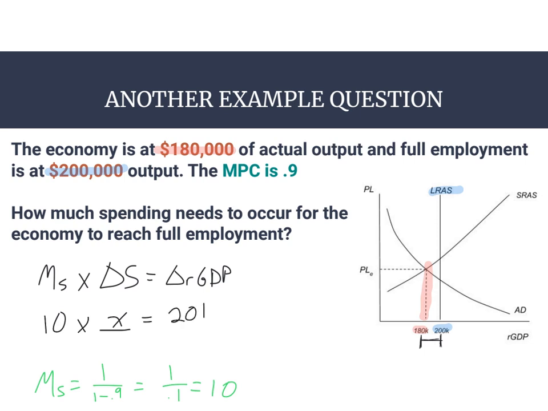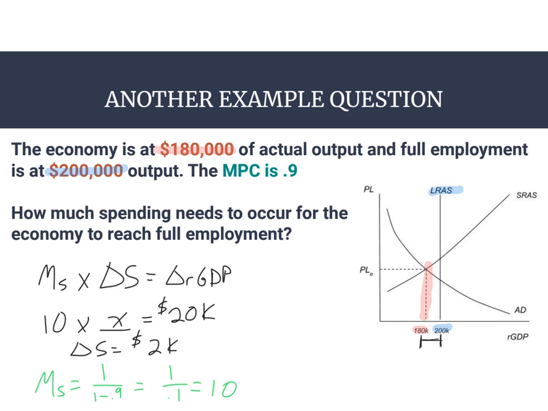So we put $20,000 here. Okay, and now just using basic algebra, you would just divide both sides by 10, and that's going to tell us that we need an increase in spending right now of $2,000.